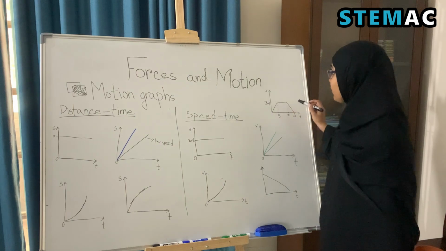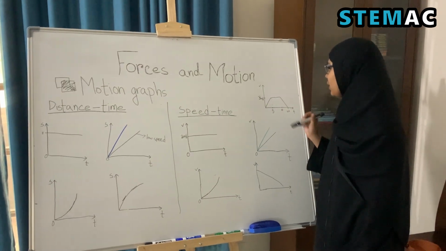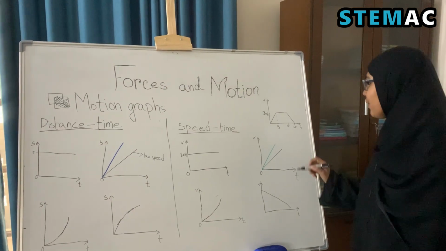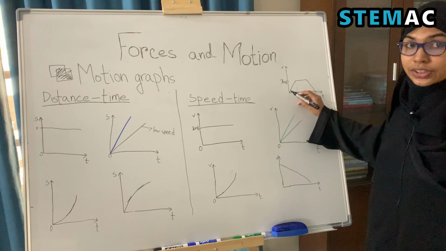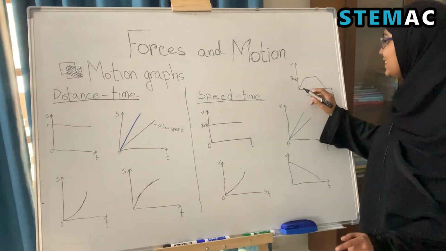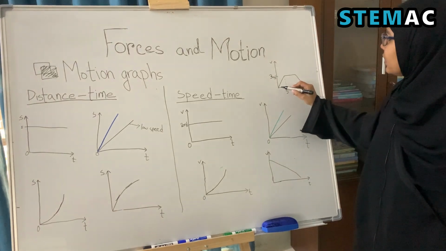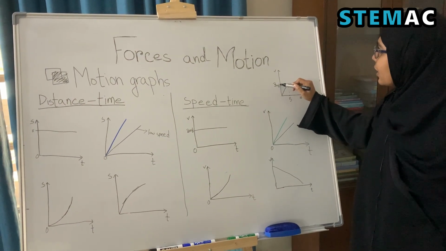Now we will look at another graph. Let's say a car was accelerating at first when the driver presses the accelerator, and it accelerated to 3 meters per second.